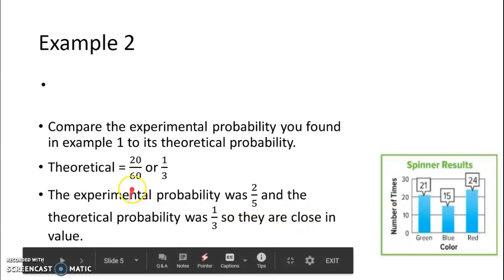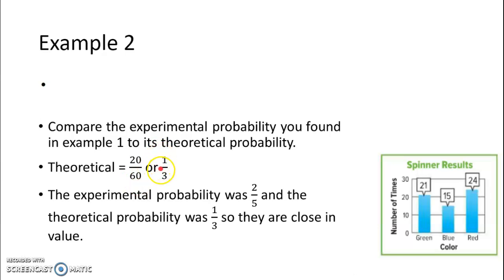So the theoretical would be an equal amount for each one of these, which would be 20, 20, and 20, because 20 plus 20 plus 20 would give you 60, because each one of them has an equal chance. So the theoretical probability is 20 over 60, which is 1/3.